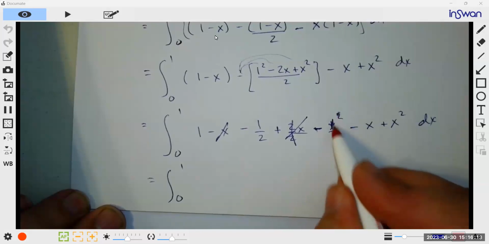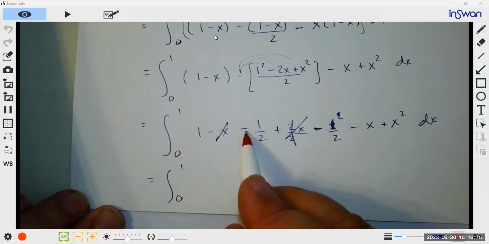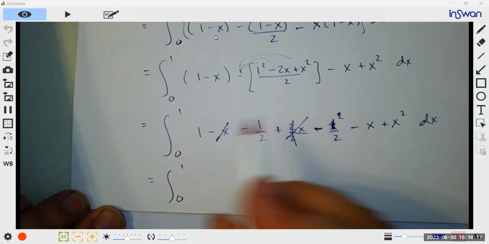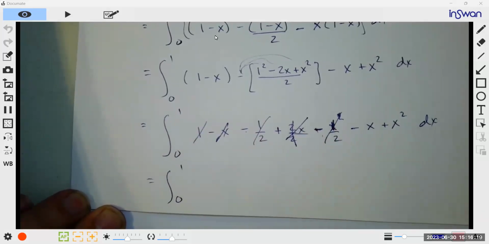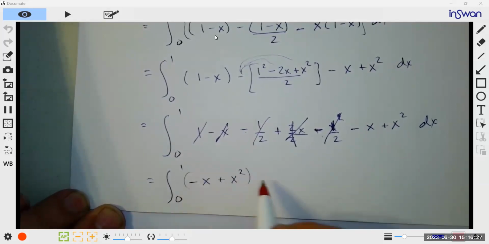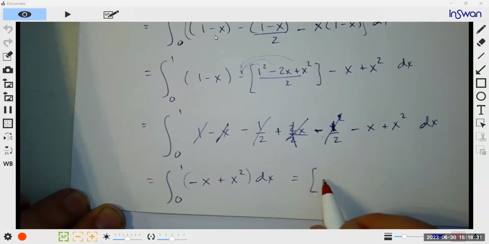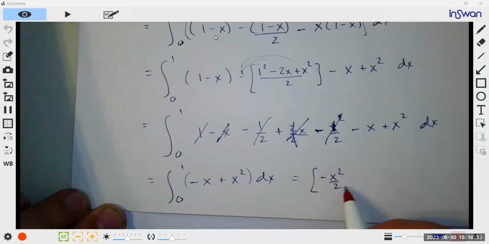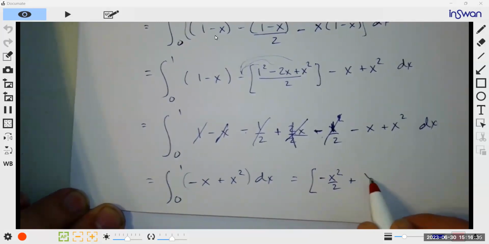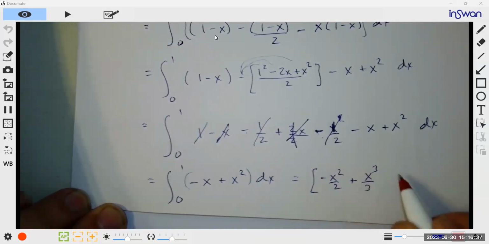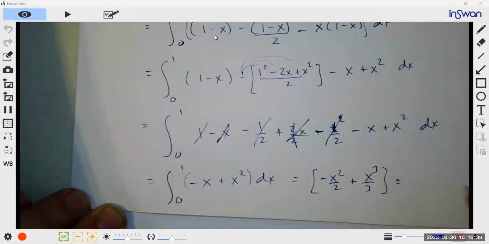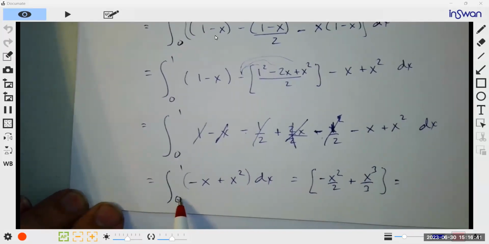So this is 1 squared, negative 1 squared is 1, so the 1's cancel. All we're left with is negative x plus x squared, dx. So integrate that with respect to x. We get negative x squared over 2 plus x cubed over 3. It doesn't matter for 0 because they're all zeros.